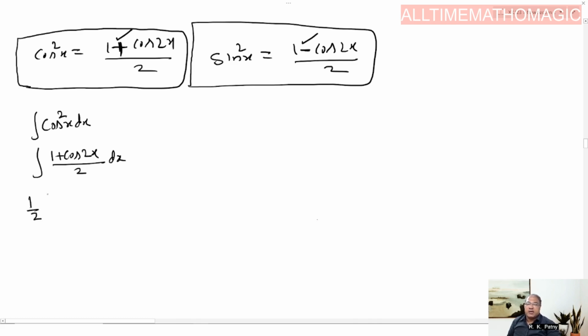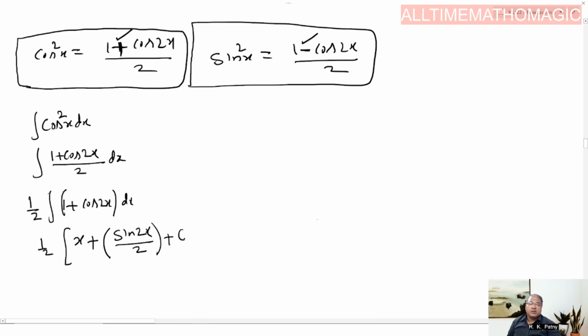1 by 2 is taken outside: integration of (1 plus cos 2x) with respect to x. After that, 1 by 2 as it is, integration of 1 is x, and integration of cos 2x is sin 2x upon 2, plus c. The job is over.